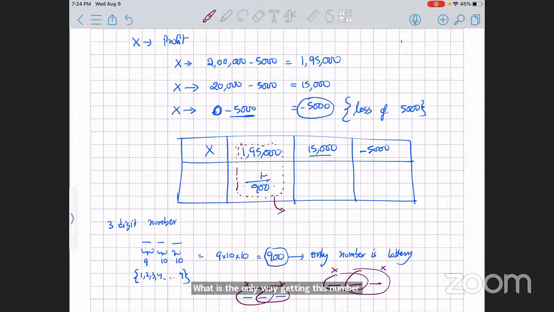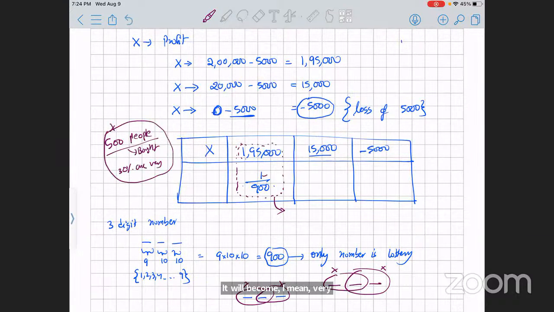That's all. Now, if you make this question more complex, say 500 people bought this lottery, out of which 30% are very lucky, it will become very complex. Then we have to find other ways.